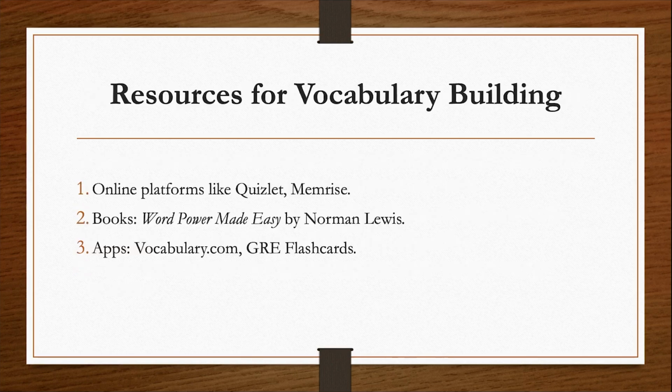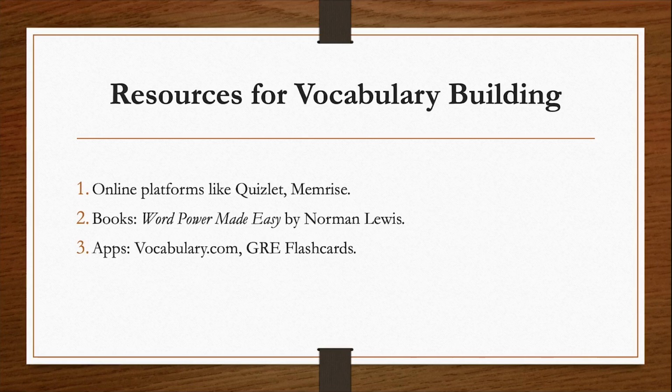And at last, before we finally conclude the session, some resources for vocab building, that is, online platforms like Quizlet and Memrise. These platforms provide a lot of quizzes and resources for vocabulary building. There's a very famous book, Word Power Made Easy by Norman Lewis.